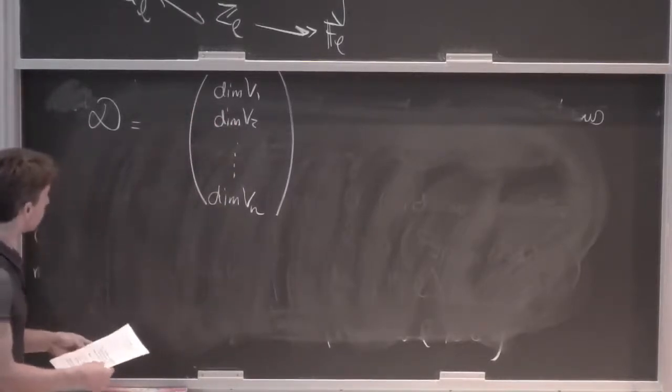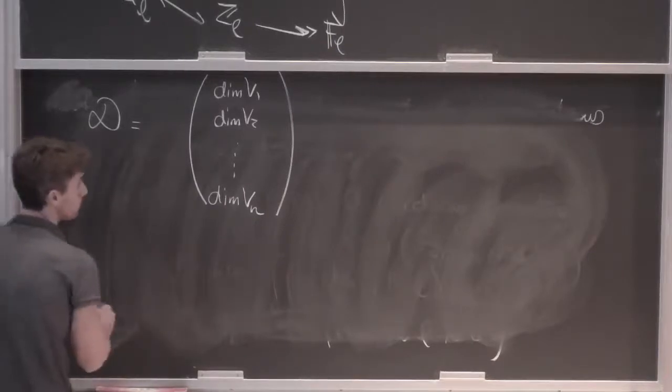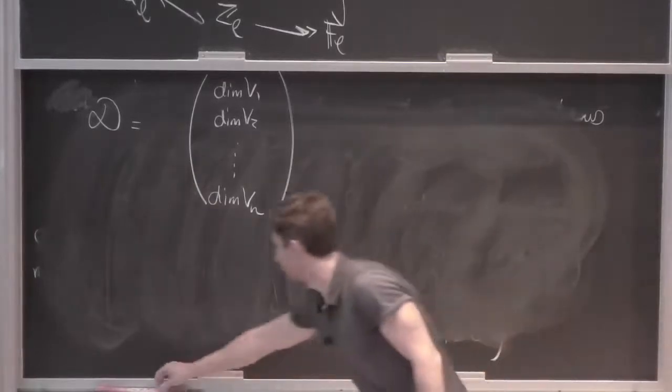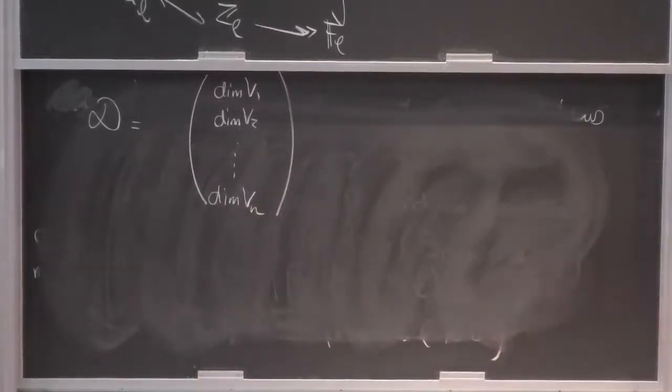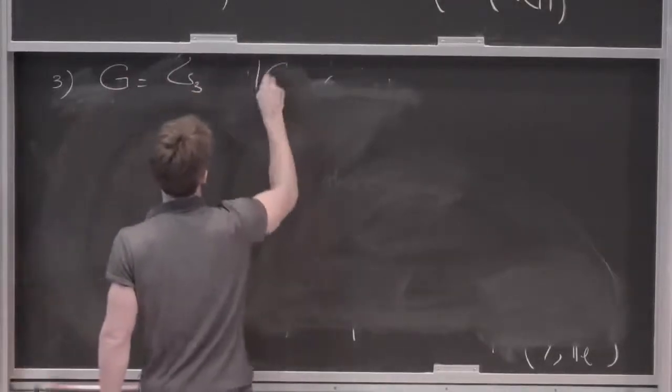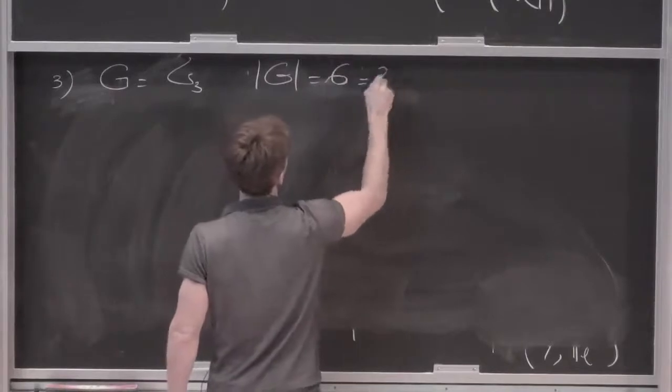Okay, and the third example, I should do it here. The symmetric group on 3 letters. So G is S3. So it has order 6.